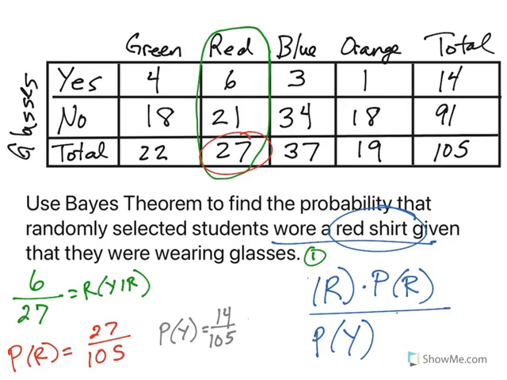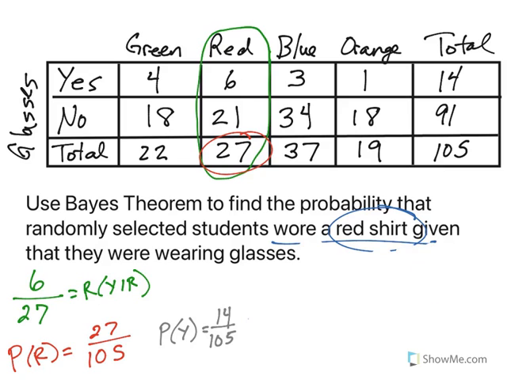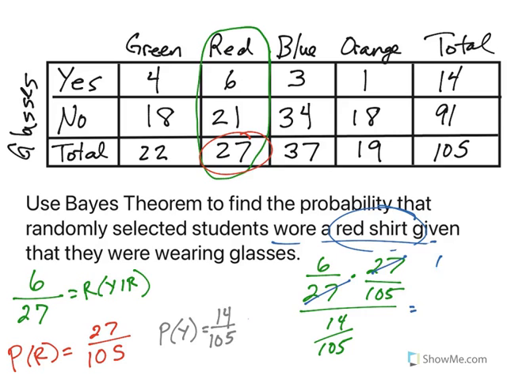I guess I didn't give myself enough prep space here. So we're going to take probability of yes given red times probability of red divided by probability of yes. You'll notice the 27s, denominator to numerator, will cancel out. So I'm left with 6 over 105 divided by 14 out of 105.